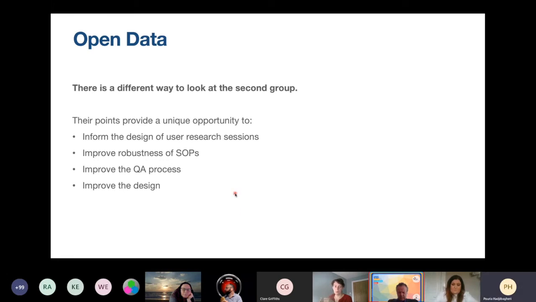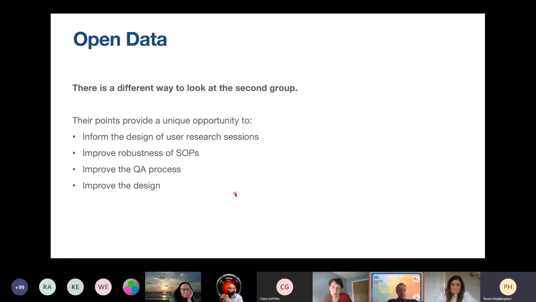So one way to look at this would be that they provide us with a unique opportunity to inform the design of user research sessions. So next time we are trying to implement something, we could use that information to look at certain aspects of our design that we hadn't thought of before.